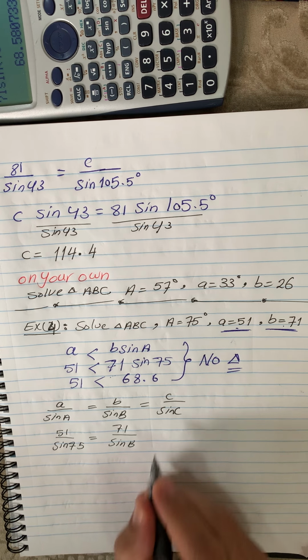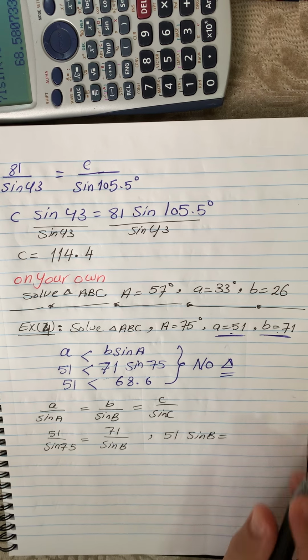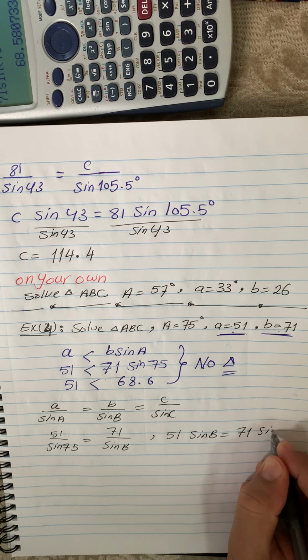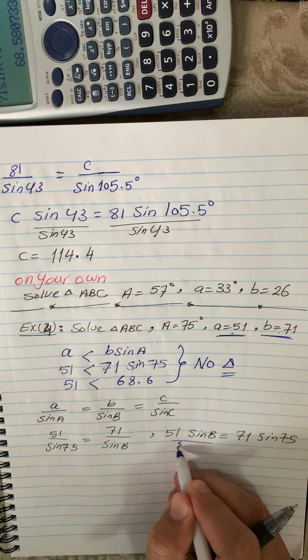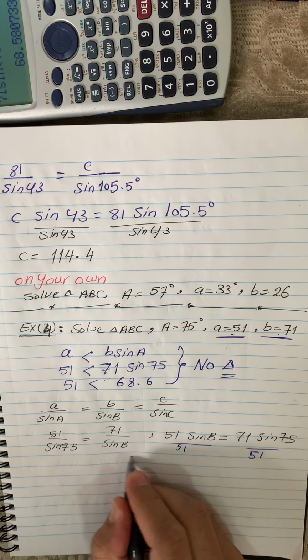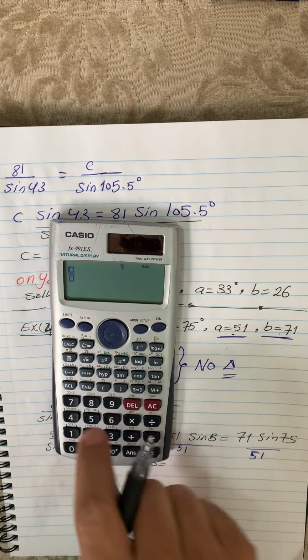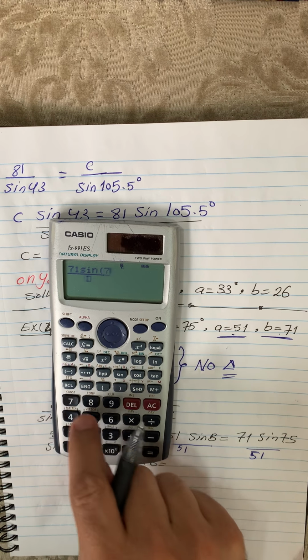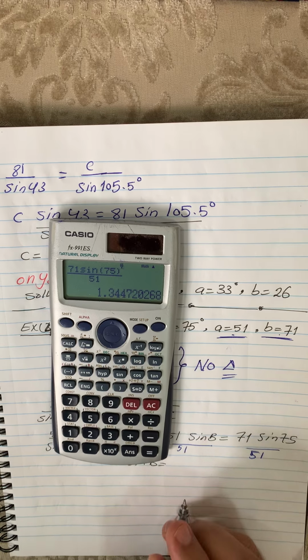Do cross multiply. So 51 sine B equals 71 sine 75. Divide each side by 51, and let's find the sine B. Sine B equals 71 sine 75 over 51. Here the sine is 1.34.